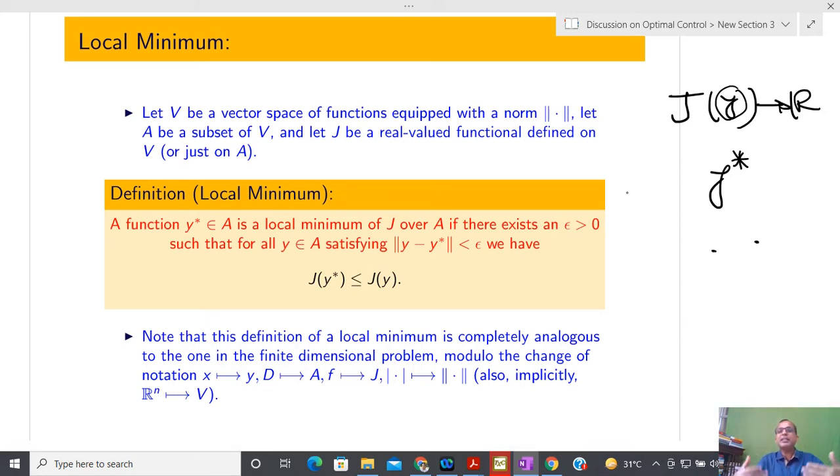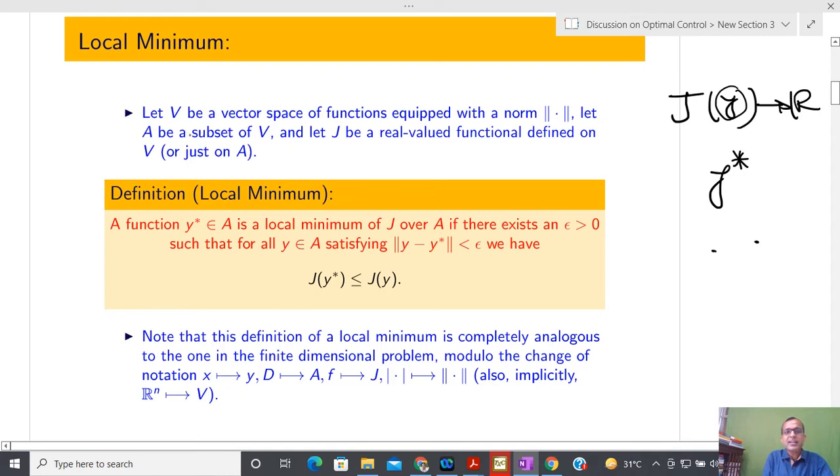Due to that reason, this problem is in the class of infinite dimensional problems. To check the distance between these two things, I can use any standard norm. In this course I am going to use the C0 and C1 norms. I will tell you what is the meaning of that.